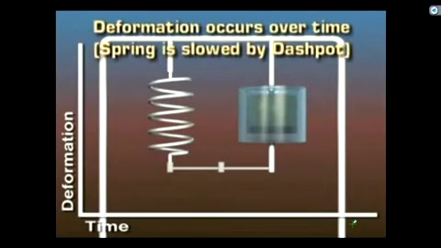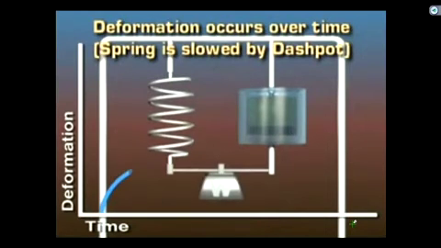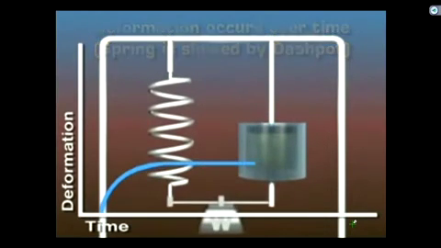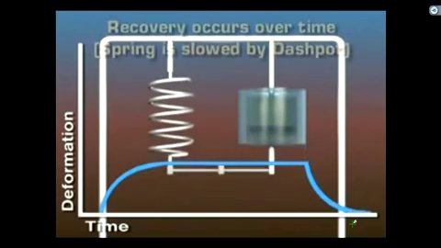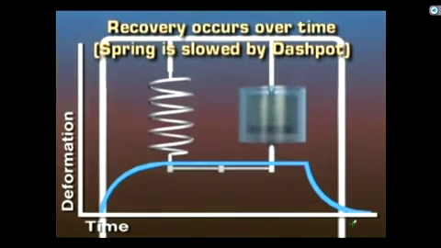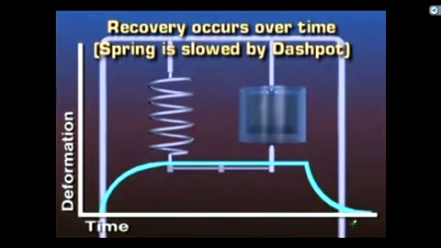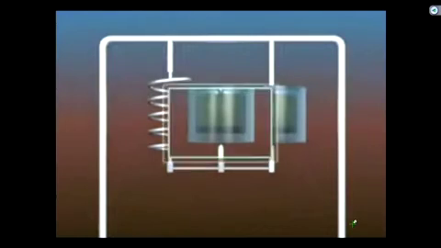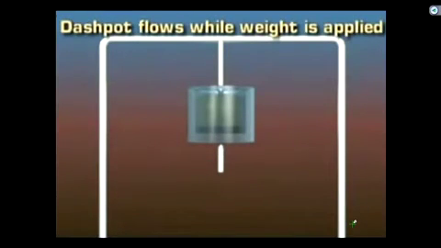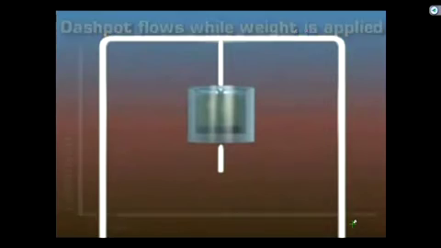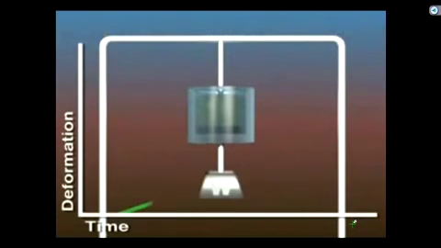The spring portion of the system cannot immediately deform because the viscous component slows it down. Therefore, the deformation takes place over a period of time. As the weight is removed from the system, the deformation recovery of the spring is slowed by the dashpot. The third component of the model is the dashpot. The dashpot flows while the weight is applied to the system.